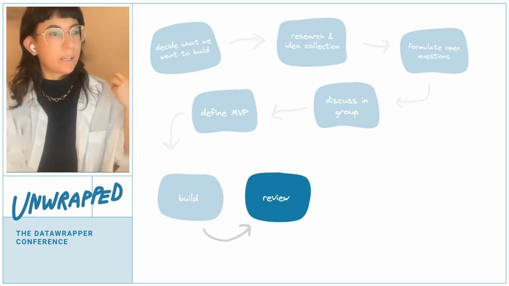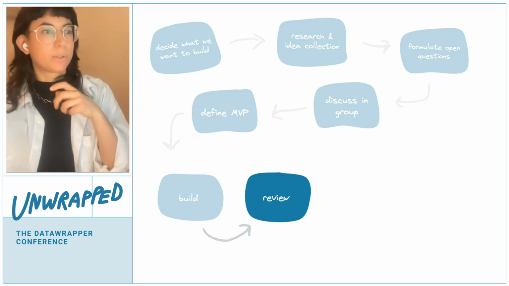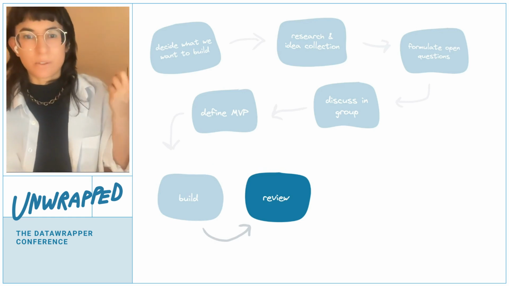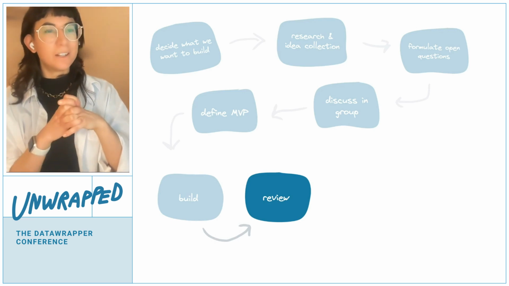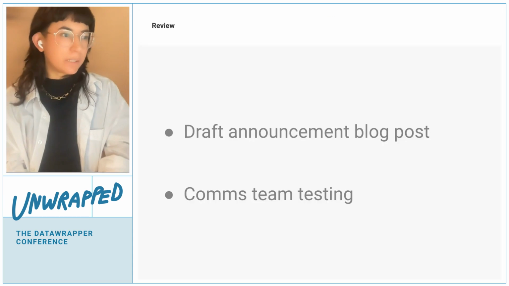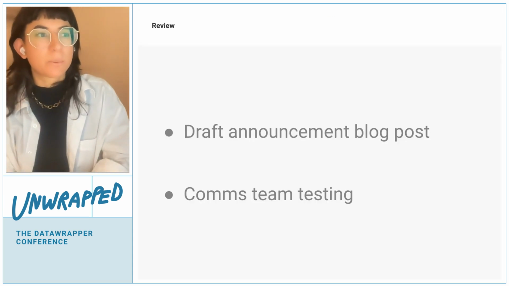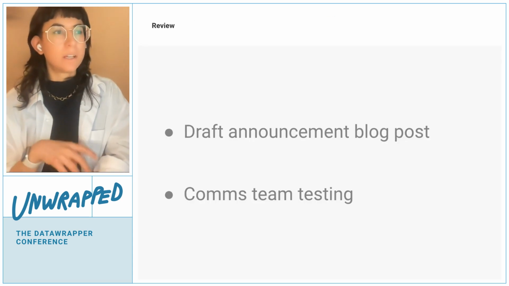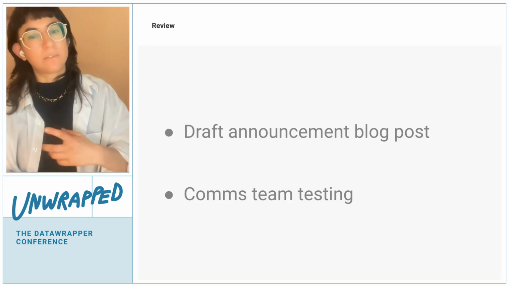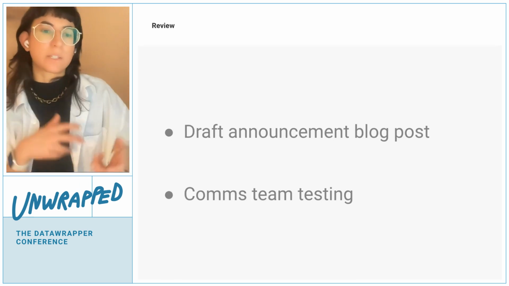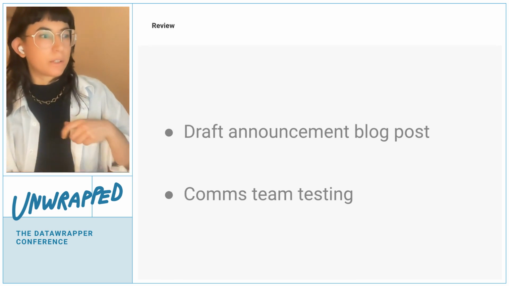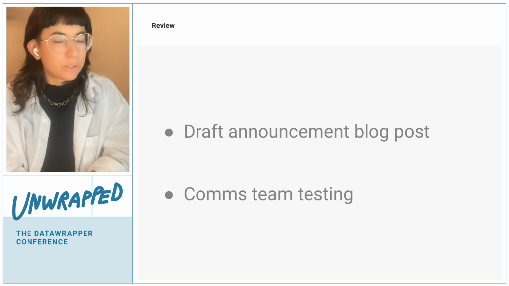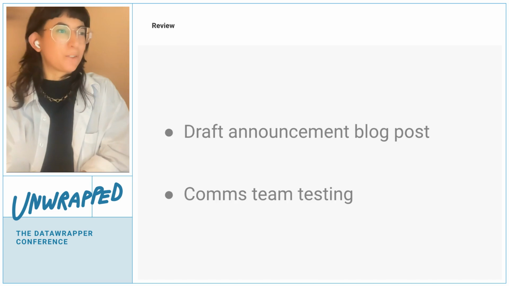We're building, and then sooner rather than later, we also want to get into a review process and make sure that someone else takes a look and we figure out, are we even going in the right direction here? So what we did relatively early on with this project was that in the team we wrote a draft announcement blog post, just to get a different outside perspective on what we've been building, and then shared that with the communications team to test and let us know what they think.